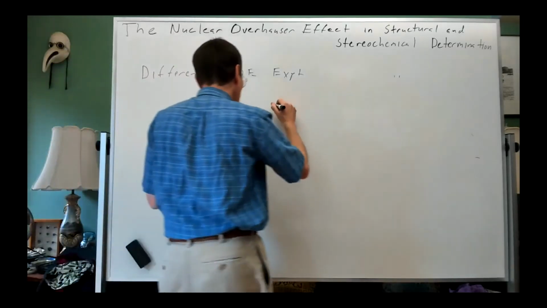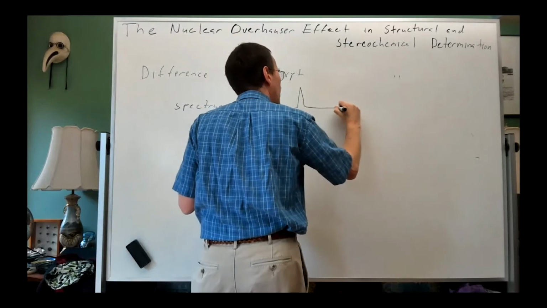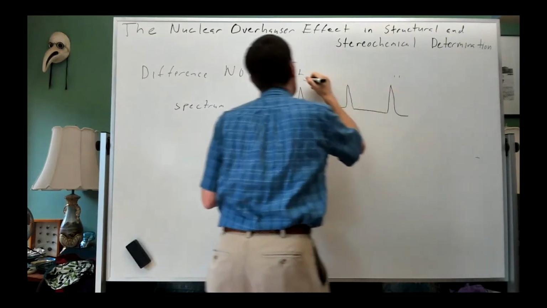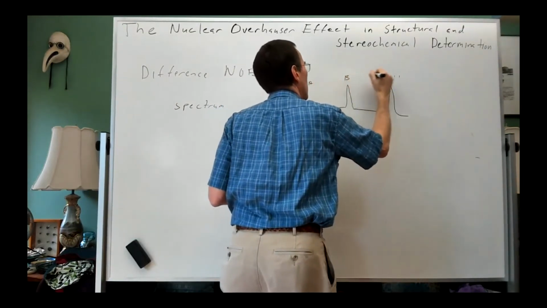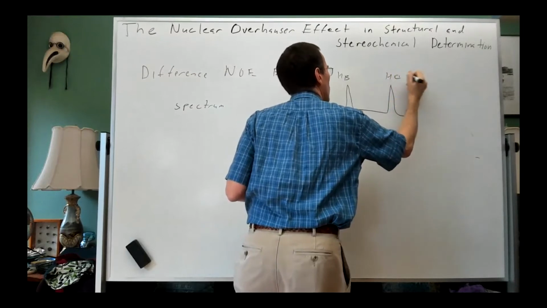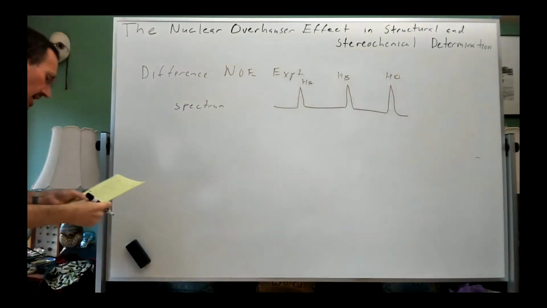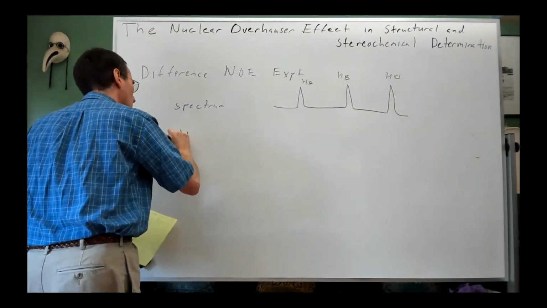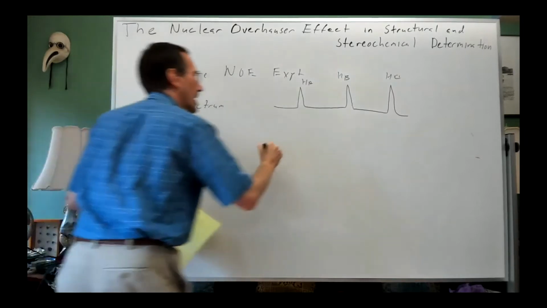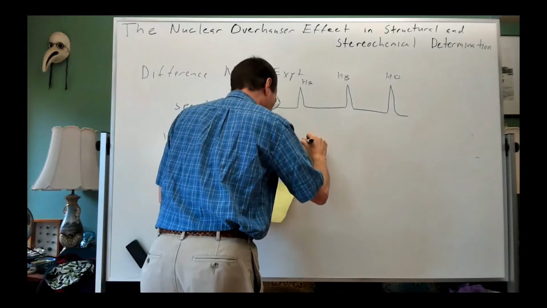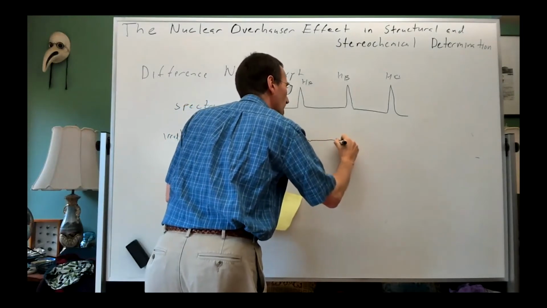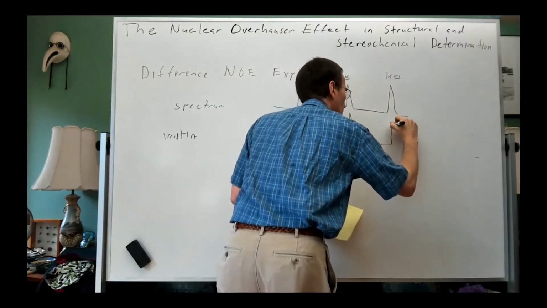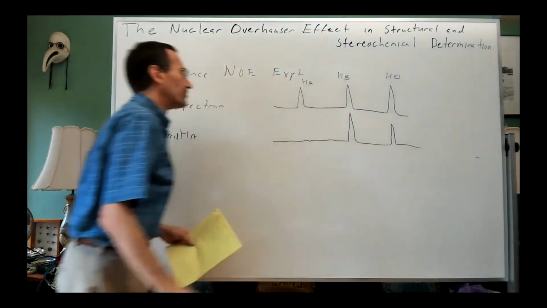So you might have a spectrum here, and I'll give HA, HB, and HC kind of diagrammatically, or the resonances thereof. And we'll have this example where we irradiate HA. And so now, as I showed before, we've leveled the population of HA. HB has gotten a little bit taller, but for contrast, HC has not.